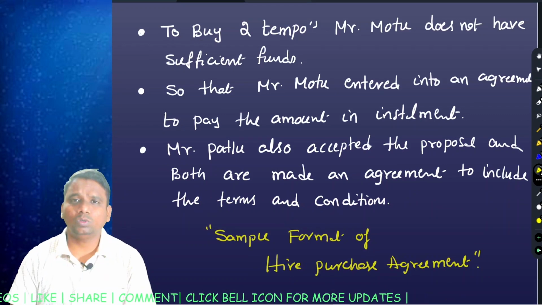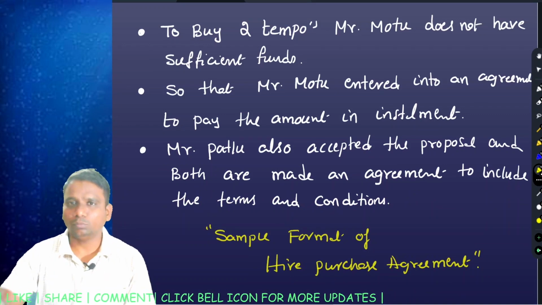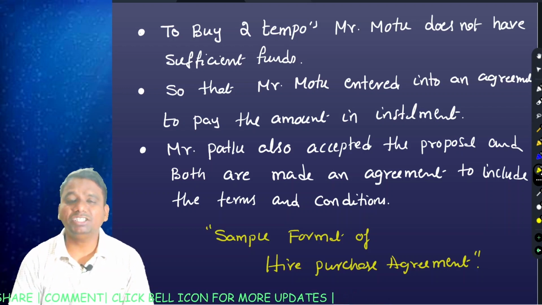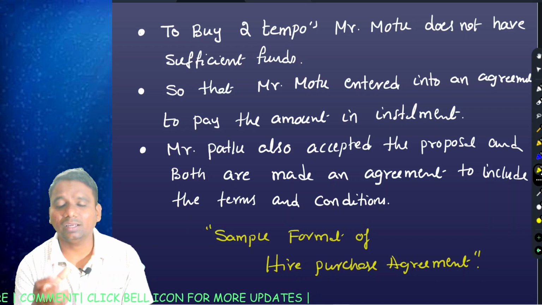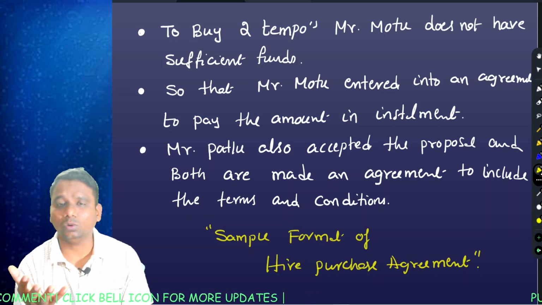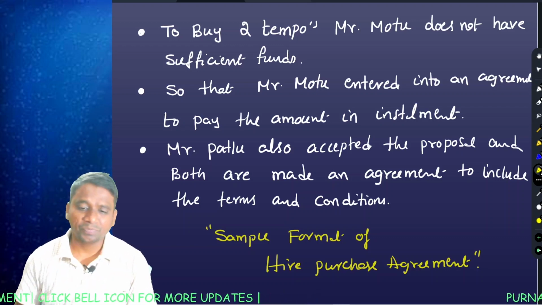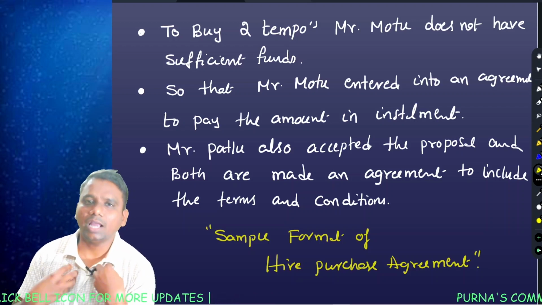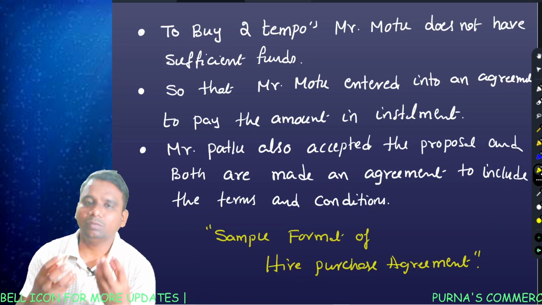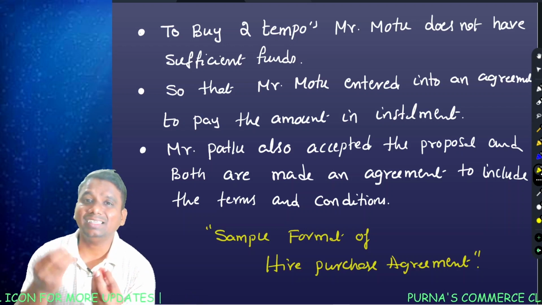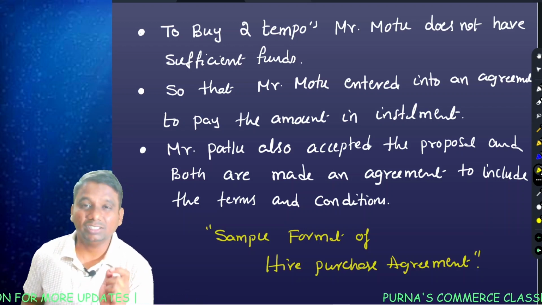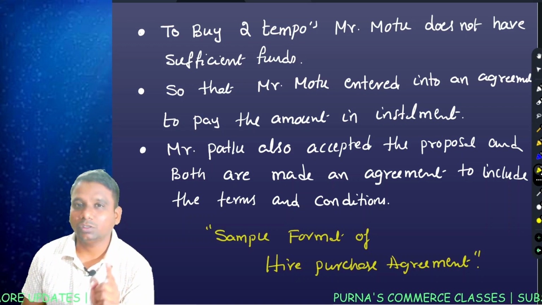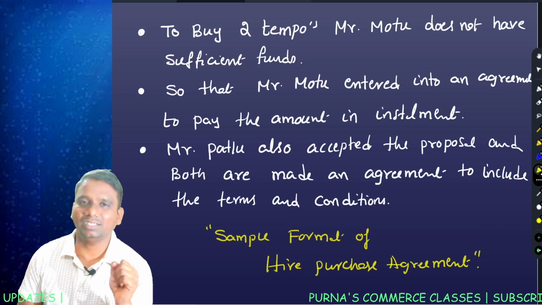Mr. Motu would like to buy two new tempos, but he does not have sufficient funds to pay the full amount. Mr. Motu said, Mr. Patlu, I will pay the total amount in installments. Mr. Patlu also accepted his proposal.